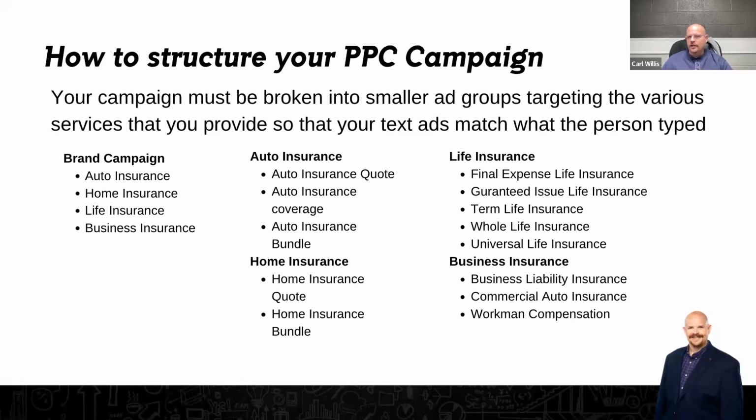Life insurance: final expense life insurance, guaranteed issue life, term life, whole life, universal life. Business insurance: business liability, commercial auto, workman comp. So you want to break out and just expand that keyword or that ad group universe so you more closely match up to what the individual's searching.